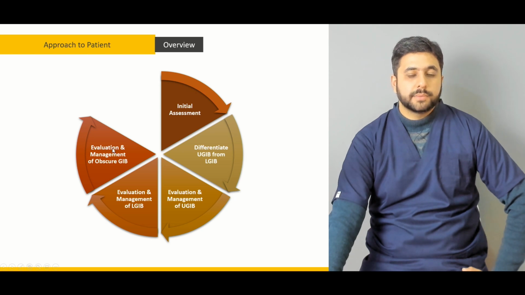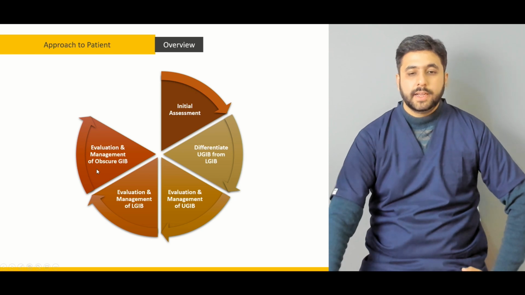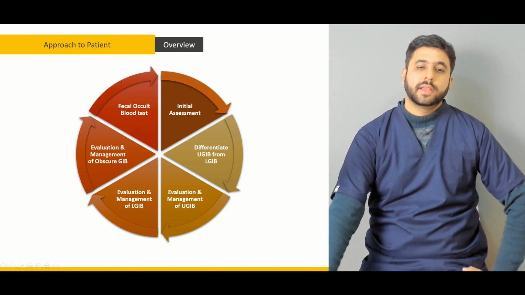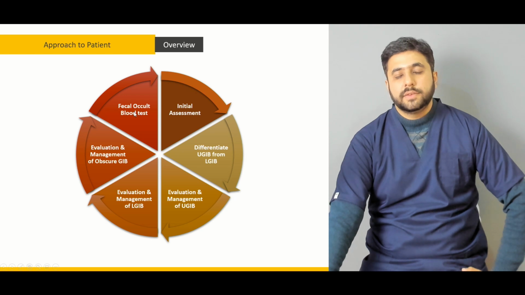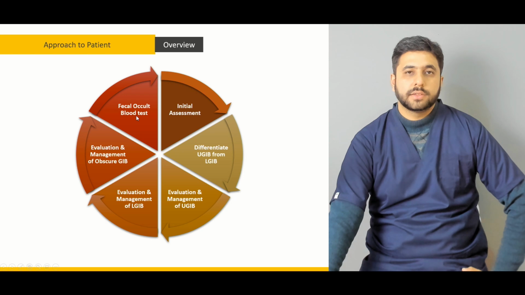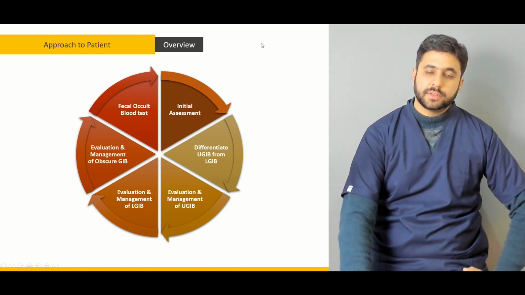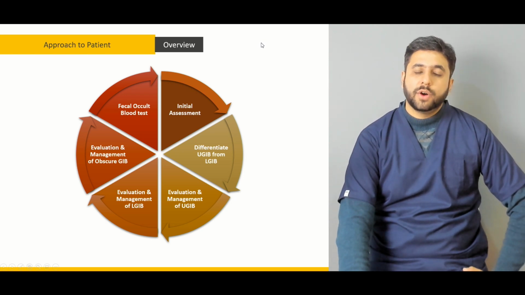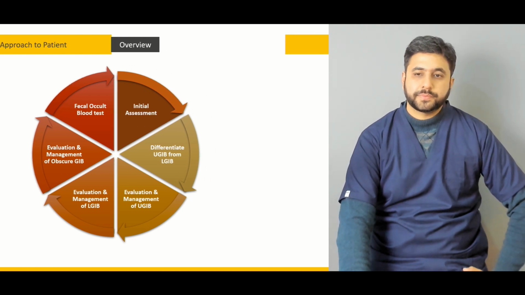There are certain protocols which are followed in the evaluation and management of obscure GI bleeding. We are going to go through them. And then we are going to talk about the fecal occult blood test in the context of colon carcinoma in the latter part of the slides. So this is an overview of how we are going to proceed with the management of the patient with a GI bleeding.